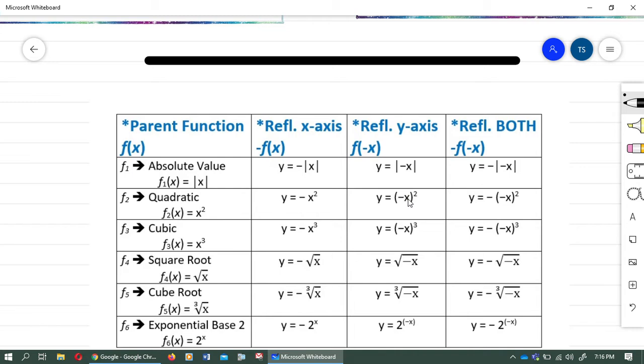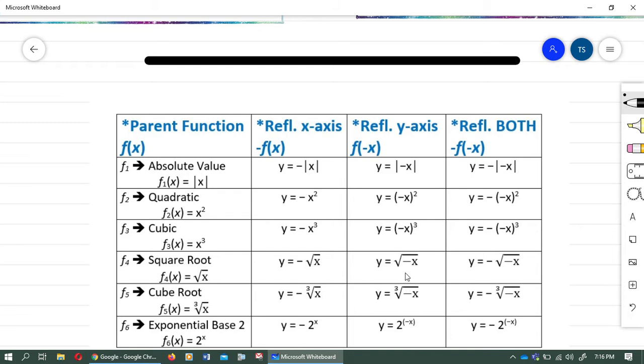For the quadratic function, notice how when you've got something inside the quadratic function, they've got those parentheses there, right? And so it's letting you know that there's a change happening inside that quadratic function with the x. Same thing with the cubic function. They're letting you know that there's some type of change happening inside of that function.